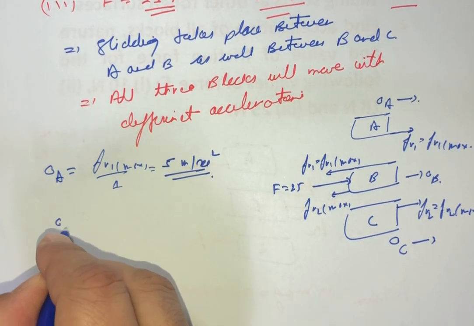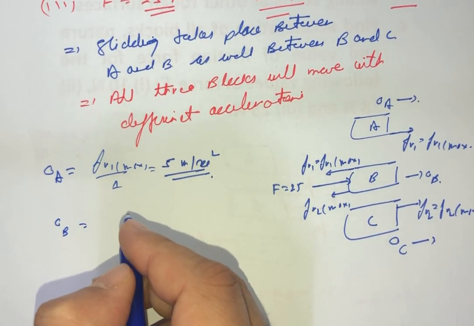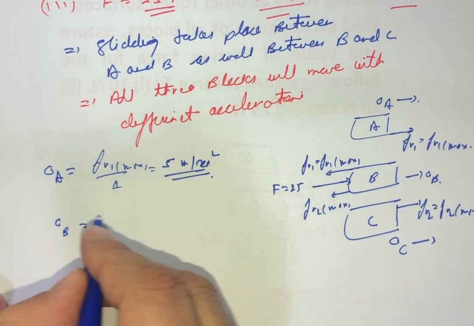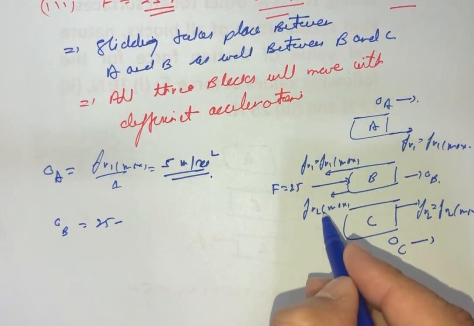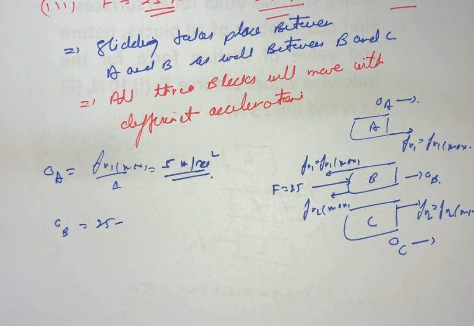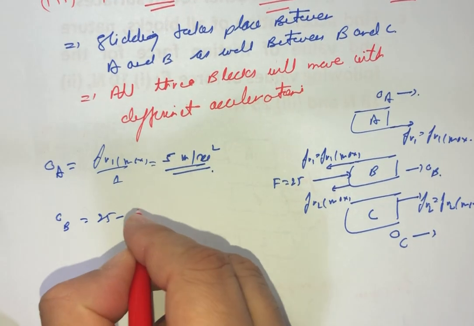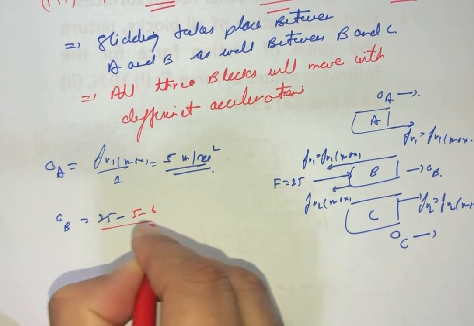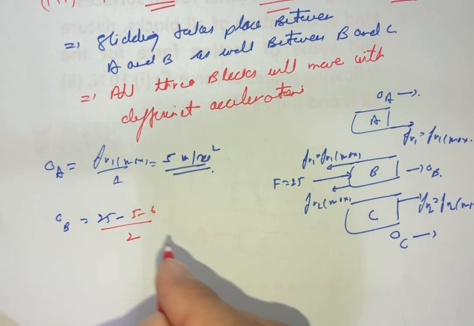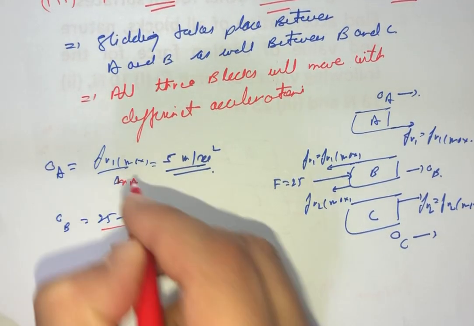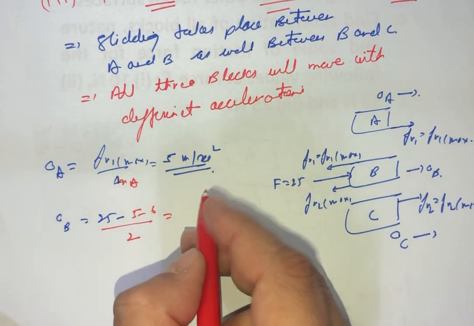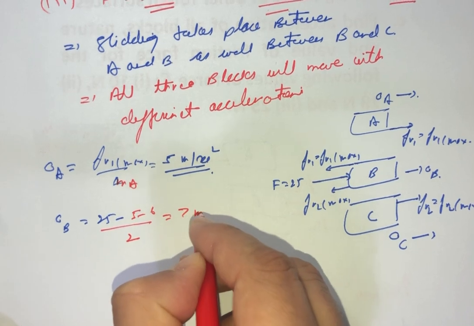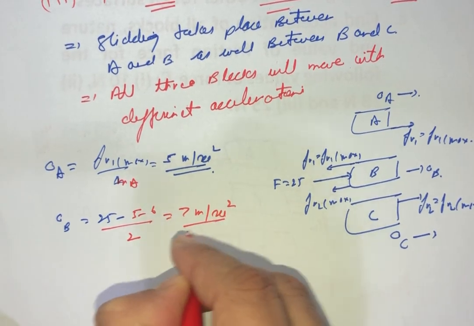And the acceleration of B is equal to 25 minus 5 minus 6, divided by the mass, which is given as 2, and we get this as 7 meter per second square.